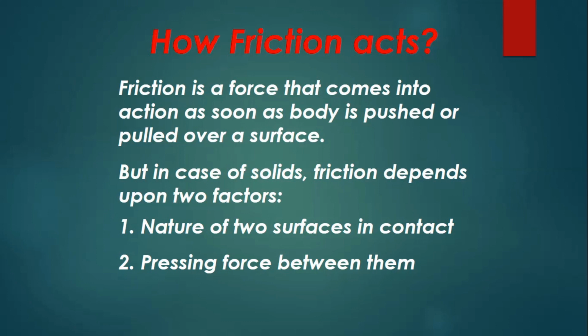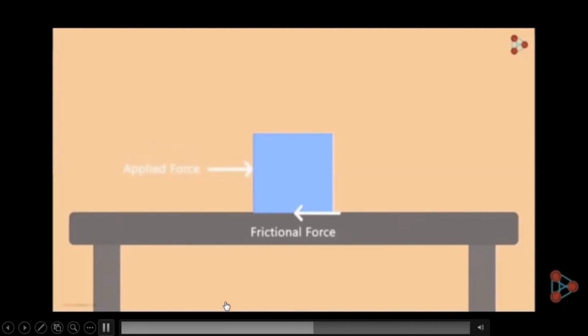Let us see how friction acts. If the box is placed on the table, and we are pushing the box in the right direction, the force of friction will act towards the left. It means opposite to your force.